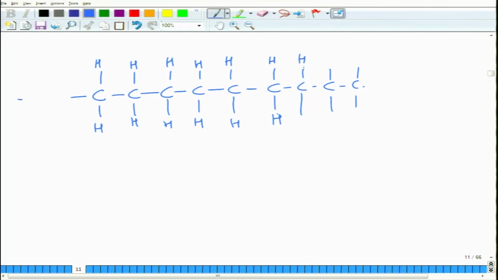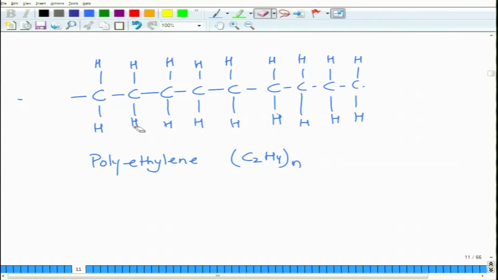However, if I replace some of these hydrogens with, let us say, chlorine, then my basic unit is this.